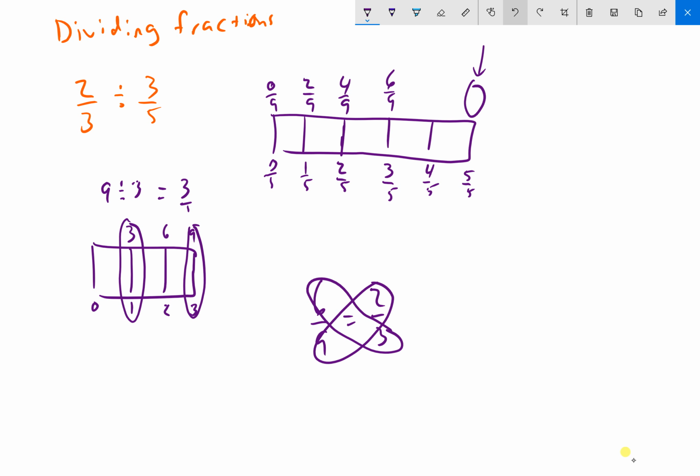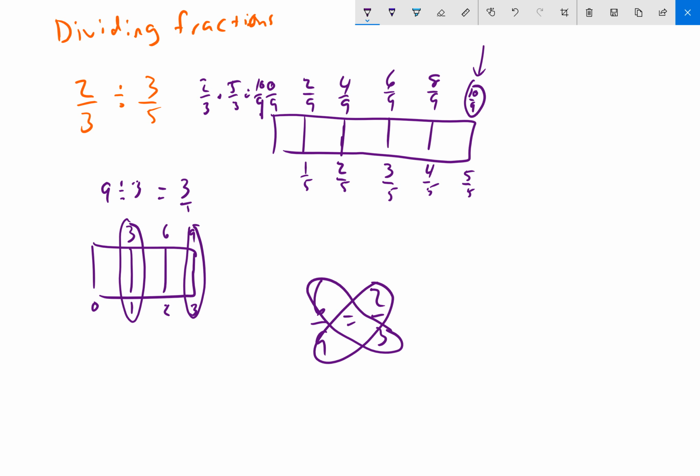And you can't have a number being divided by 0. But that also means that this would be 8 9s. And this would be 10 9s. And you can see that they are evenly spaced. And so 10 9s divided by 1 is 10 9s. Well, 2/3 times 5/3 equals 10 9s.